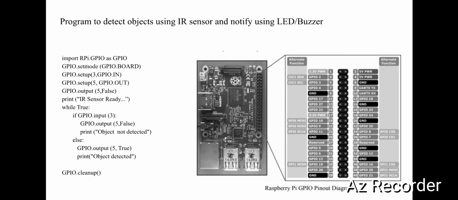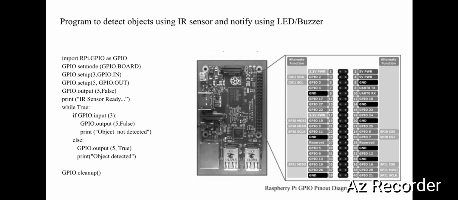Then next, print IR sensor is ready, and after that we can check continuously whether there is any object in front of the IR sensor or not. That's why we have used while True, which means we have to check continuously whether there is any object or not. While the condition is true, we check if GPIO.input(3), as our input device, that is the IR sensor, is connected to pin number 3 and we get input from pin number 3.